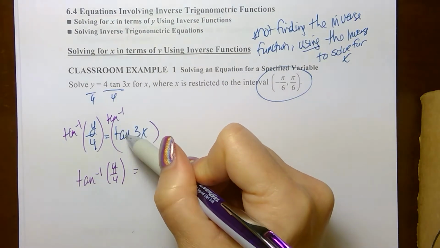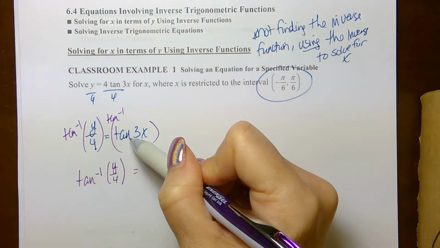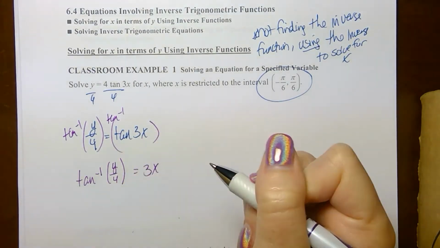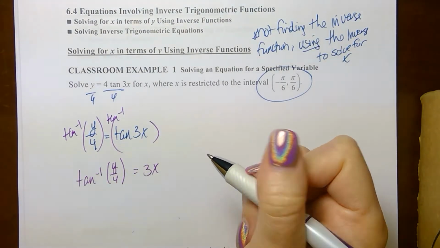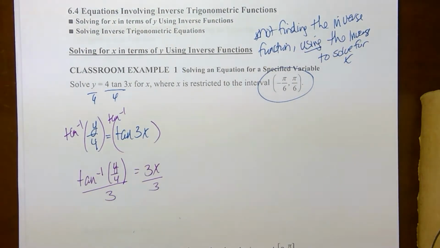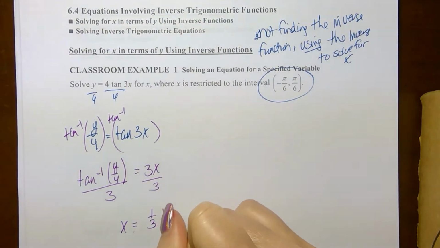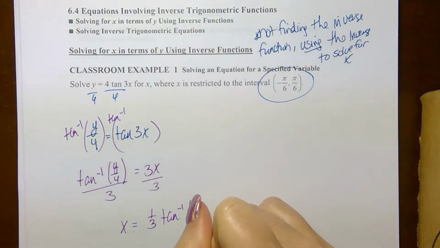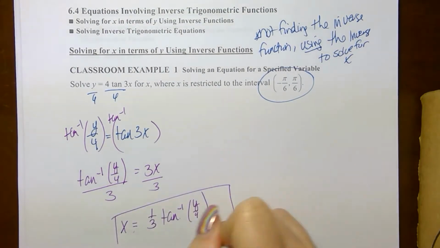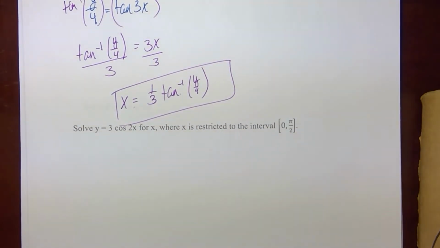That cancels each other out, like taking the square root of a square eliminates the square. I'm left with that argument 3x. I need to finish solving for x by dividing everything by 3, which means that x is equal to 1/3 tangent inverse of y fourth. And we're done. That's it. See, I told you you were going to like this section.